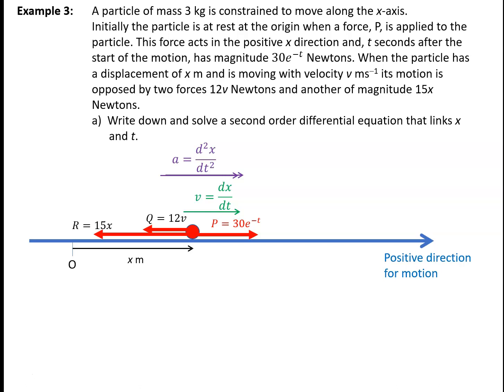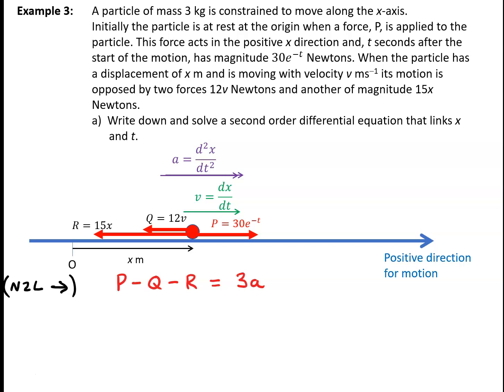So if we apply Newton's second law to the right, we've got the resultant force, which is P minus Q minus R, must equal the mass, which is 3, times the acceleration.